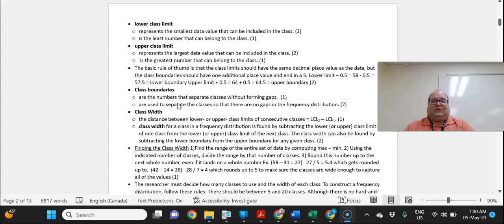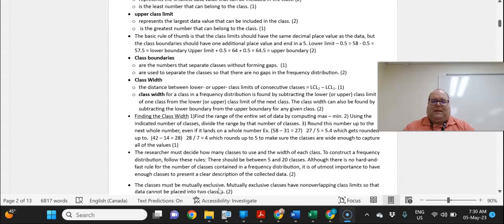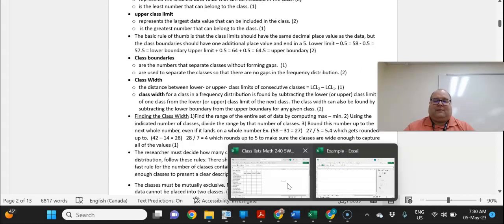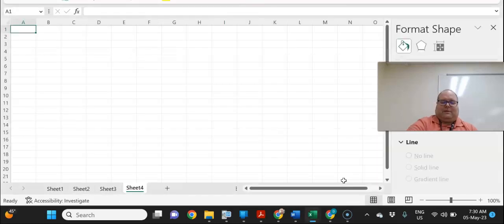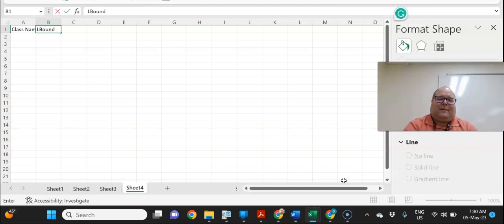Okay, so let me toggle here. So we have the class name can go here. The lower bound can go here.